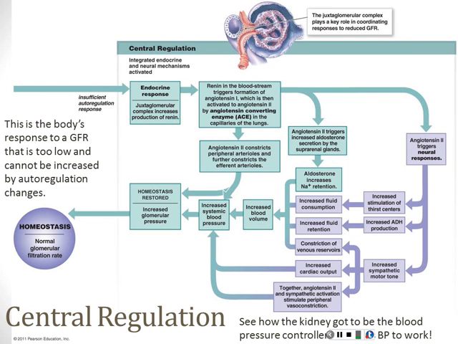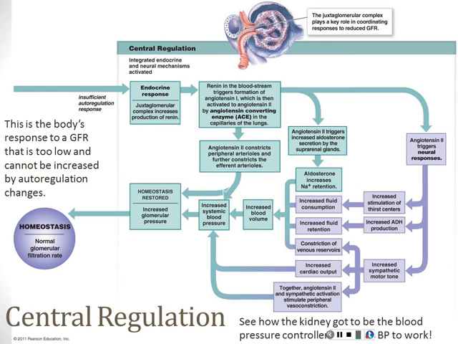Angiotensin 1 doesn't do anything. Instead, it has to be converted by the ACE enzyme, angiotensin converting enzyme. Angiotensin 1 becomes angiotensin 2. And then angiotensin 2 does all kinds of things to increase blood pressure.